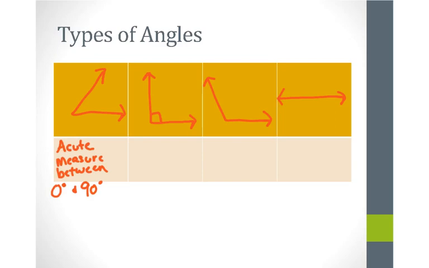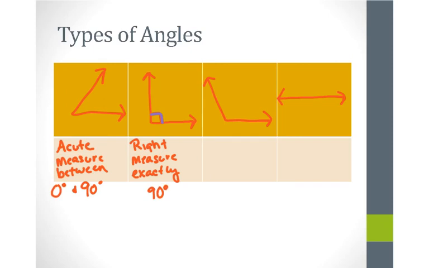Now this next angle here is a right angle. And remember, this little box right here tells you it's a right angle. Now, they measure exactly 90 degrees, okay? No more, no less.